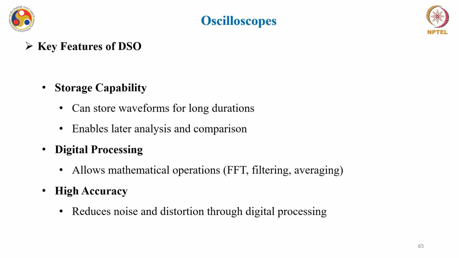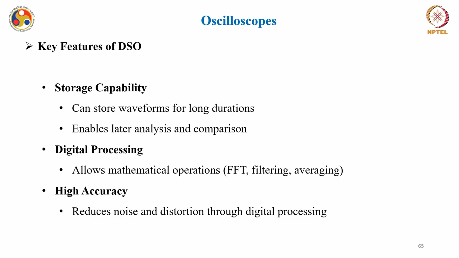So, if I have to summarize the key features of this DSO, I can say that it has better storage capability than the analog oscilloscope, which has limited storage capability. So, it can store waveforms for a longer duration and you can recall them at any time. Later analysis and comparison of all kinds of waveforms is possible. This also allows you to digitally process the data.